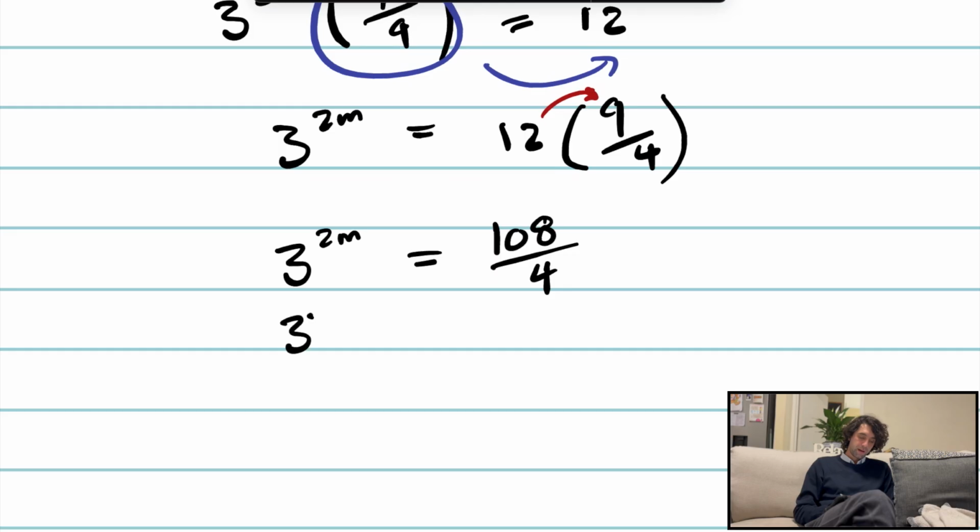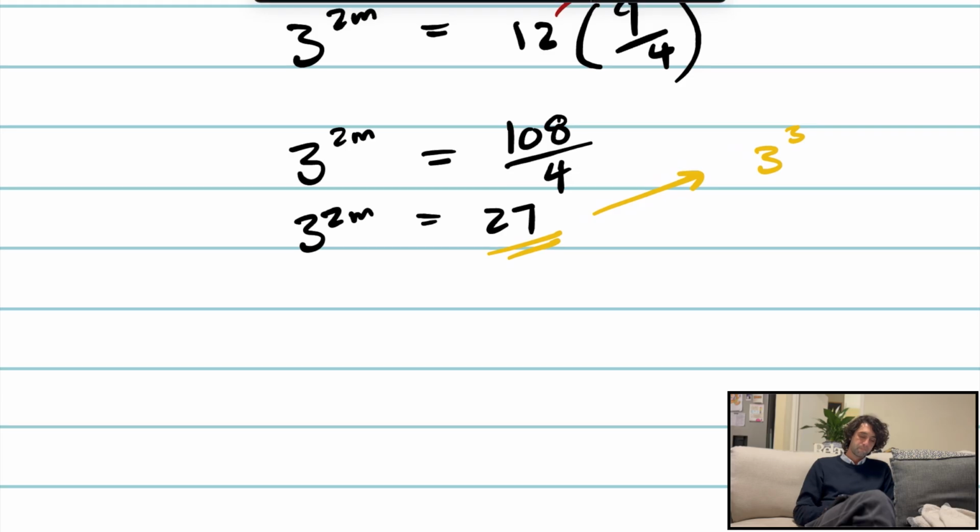So 3 to the power of 2m, 108 divided by 4 is going to be 25 plus 2, which is 27. Love to see that, because 27 can become 3 to the power of 3. So I get 3 to the power of 2m equals 3 to the power of 3.